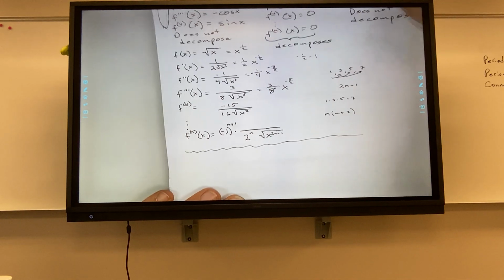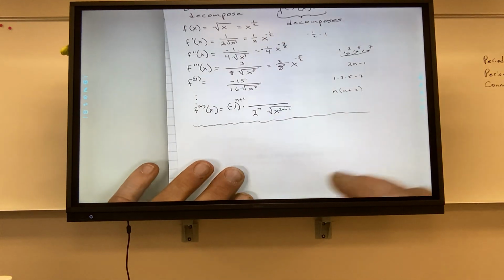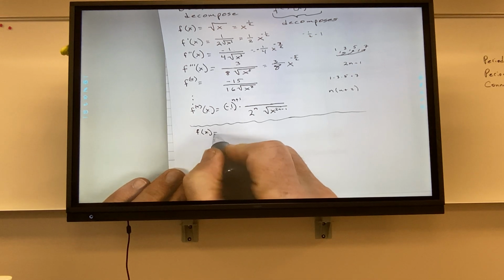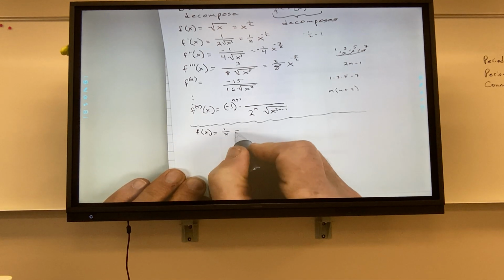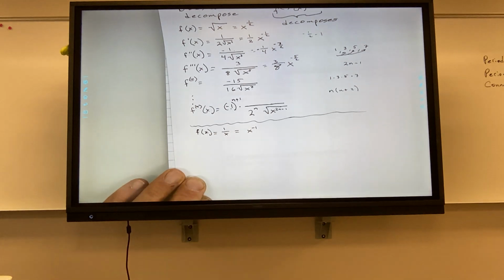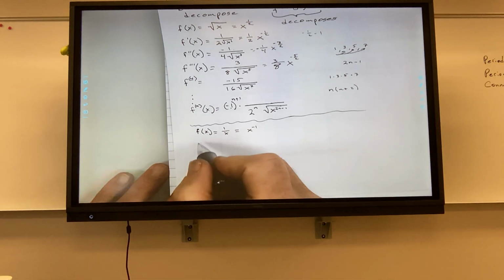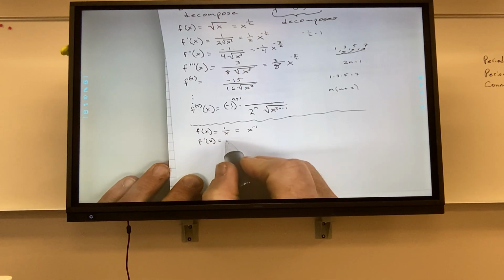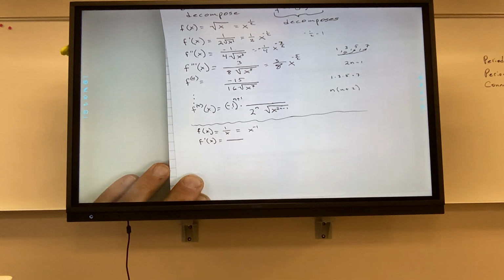Austin, this is the last one, okay? F of x is 1 over x, which is x to the negative 1, correct? The first derivative, what is it? I'll give you a hint, it's a fraction.